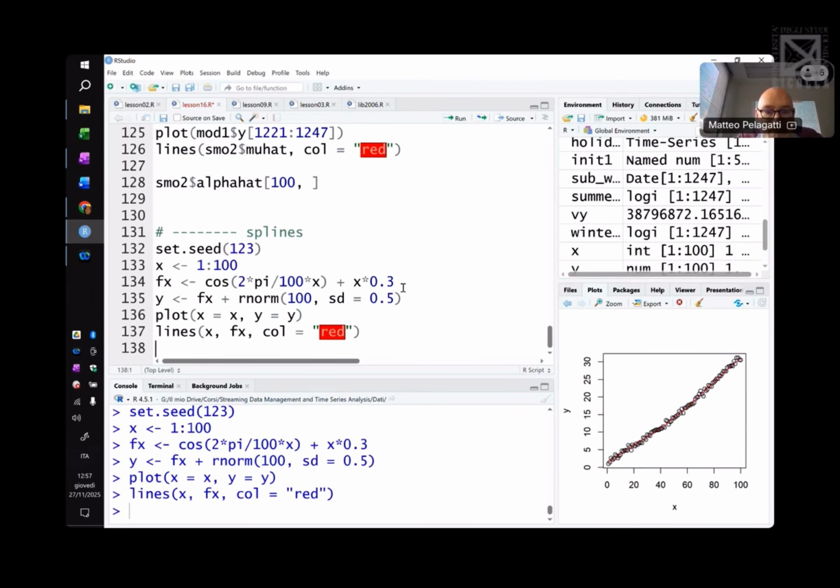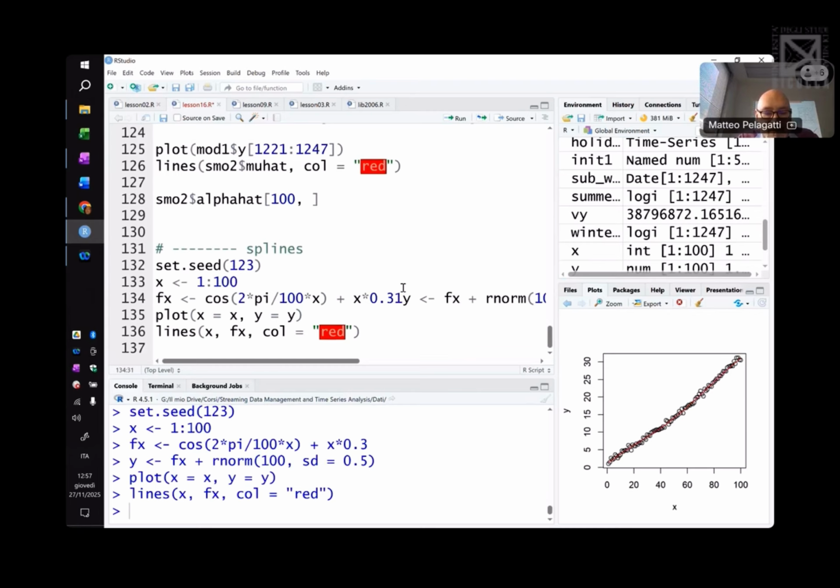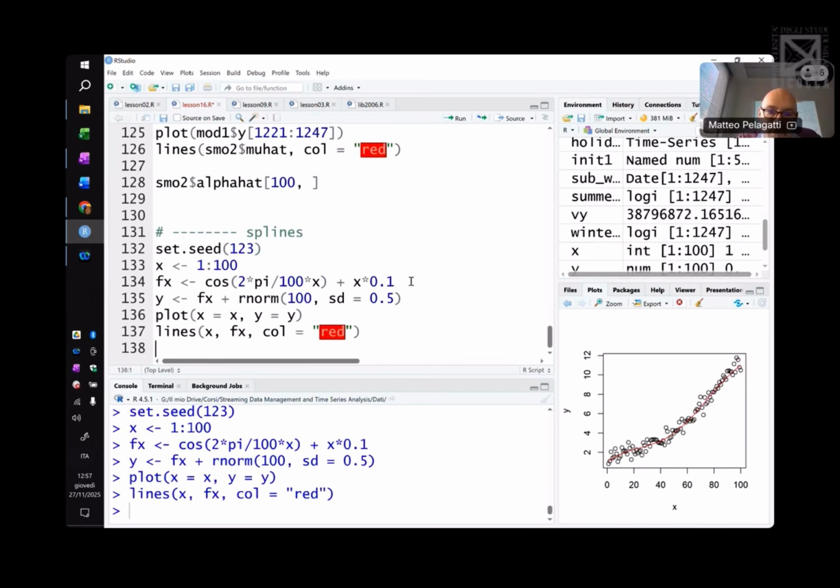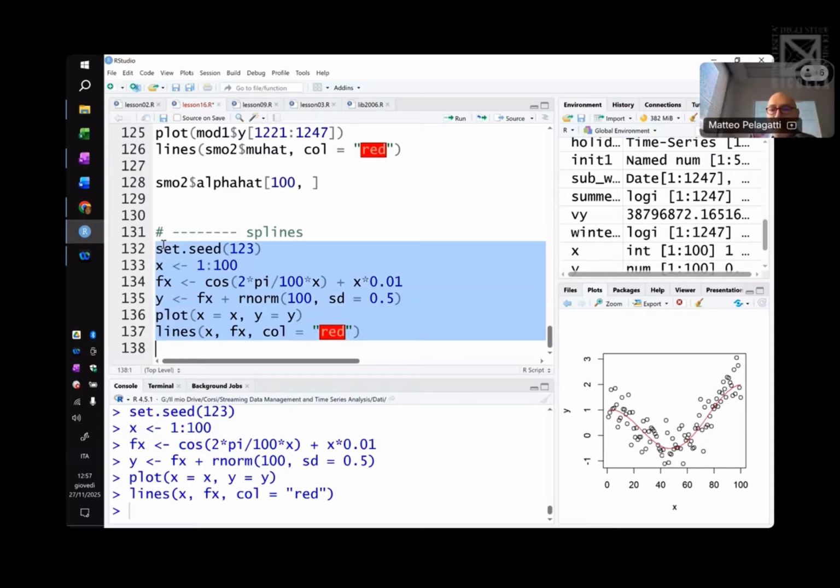Let's make a smaller trend. Yeah, I don't want the trend to dominate so much. Okay, so this is a nice, very noisy function. There's a lot of noise, and it's a continuous function.